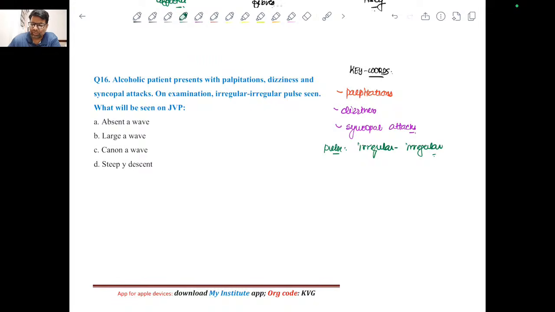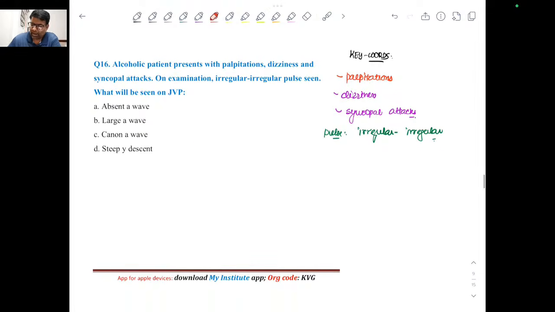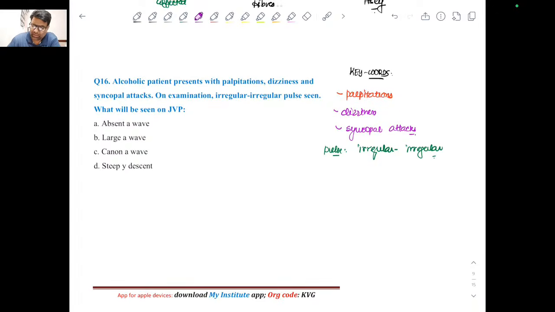right? So there is no specific order, right? So like this, irregular, no particular sequence. And now what is this condition? And this is an alcoholic patient. So firstly we have to diagnose the condition. The condition is atrial fibrillation. Okay, so what is the condition?